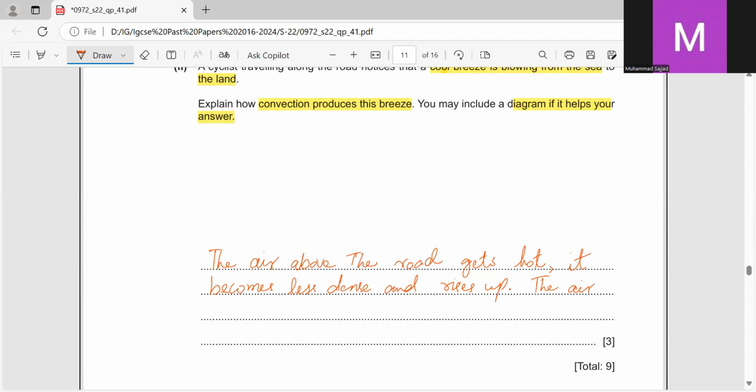Then the air above the surface of water is cold and more dense.